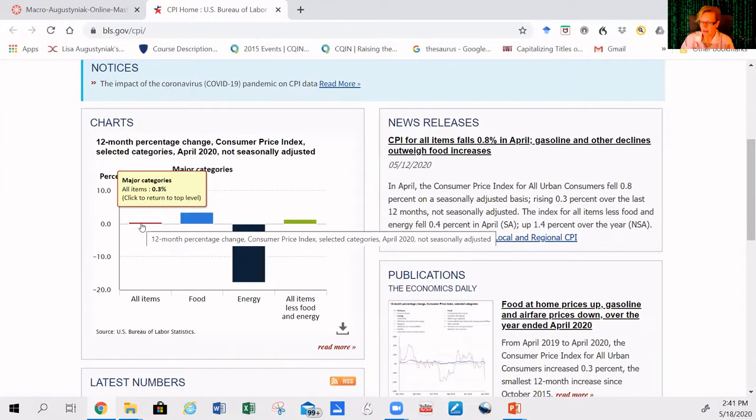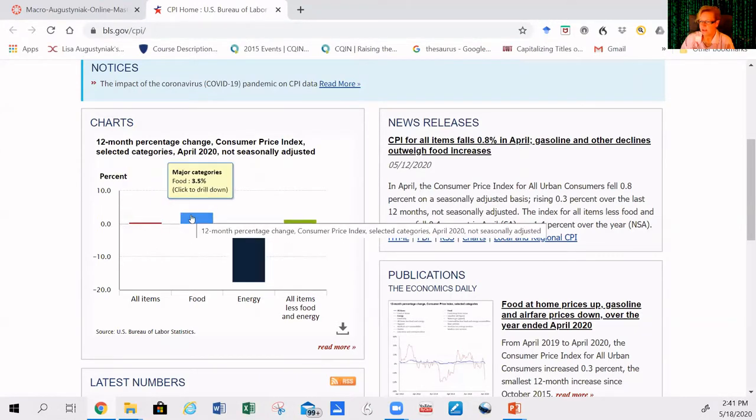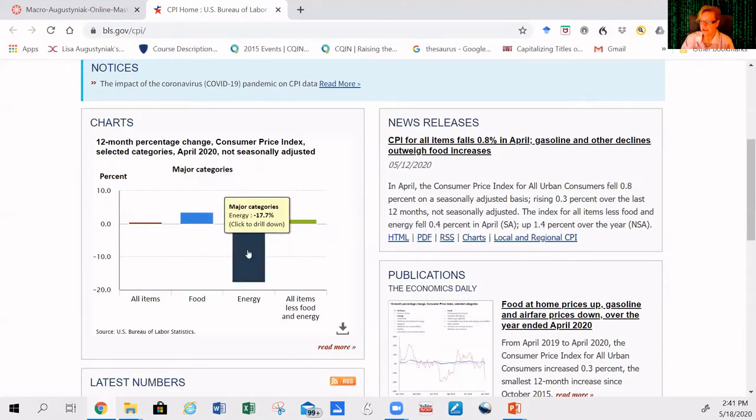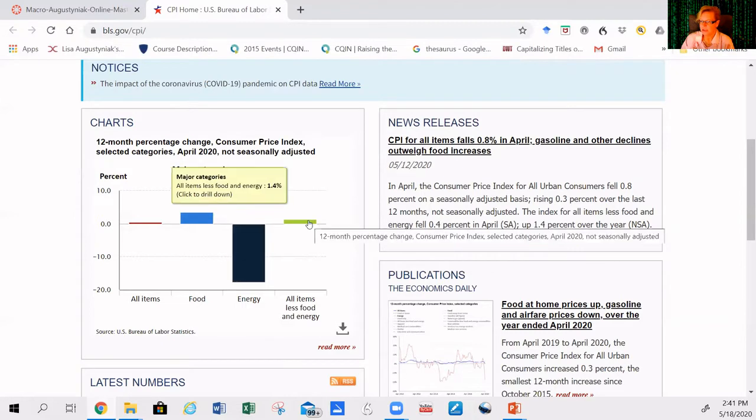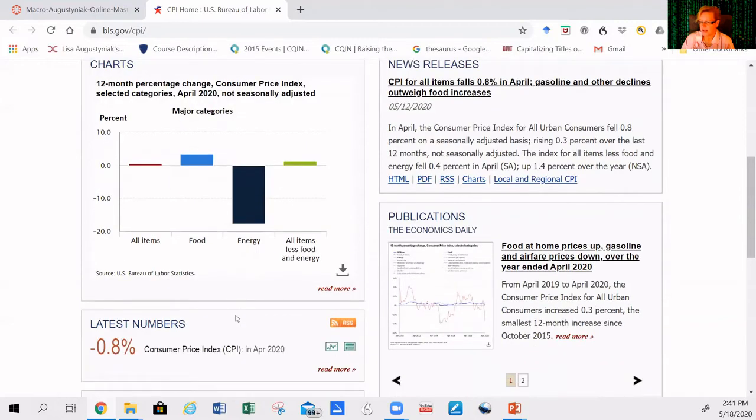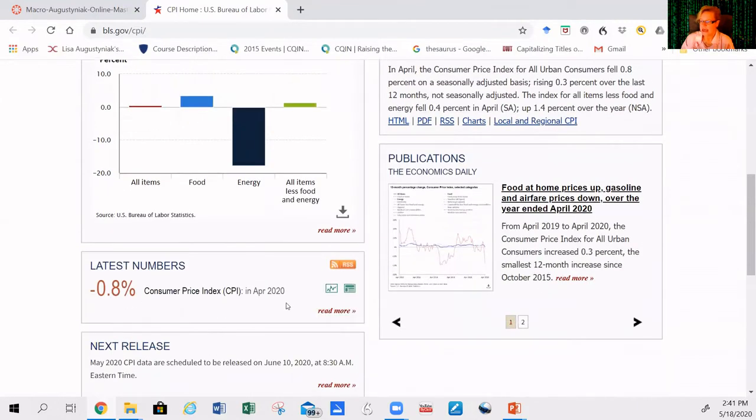If we look at all categories, it's up 0.3%. If we look at those things that people spend money on, food and energy were down considerably, and all items less food and energy, because that's how we parse it out, is right now down 0.8%, which is when it's down, that's deflation.